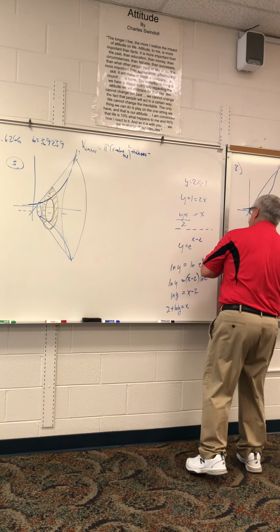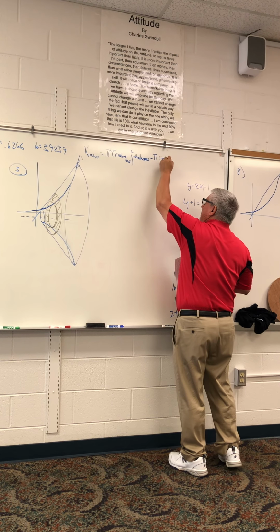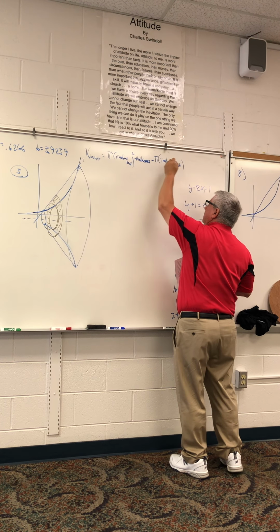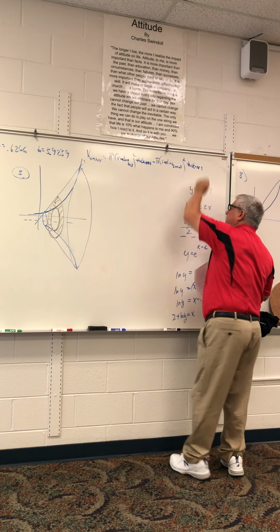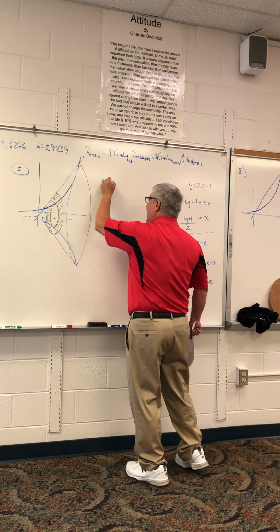It is pi times the radius squared, but this time it's the small radius times the thickness. Okay, so now I'll factor out the pi.